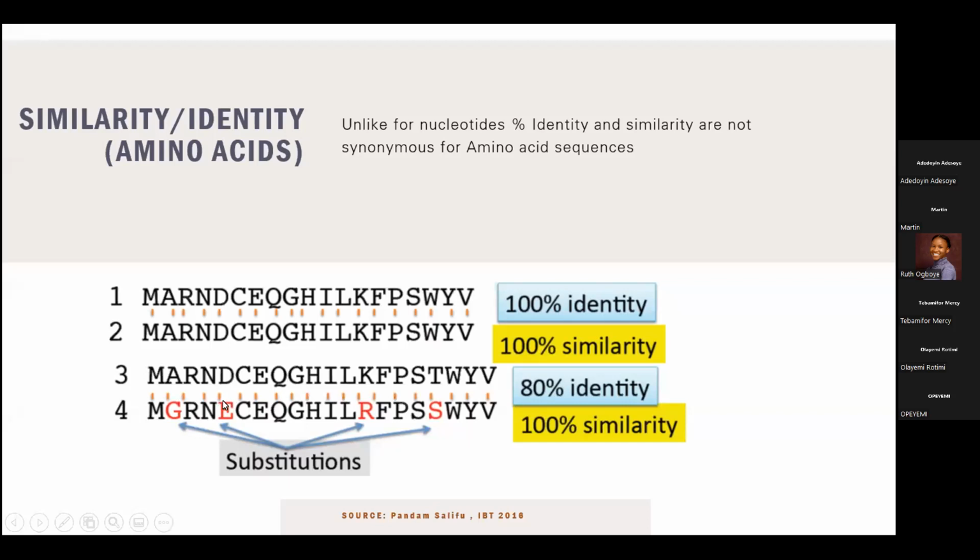Where we have lysine, it has been substituted for arginine here. And where we have threonine, it has been substituted for serine here.